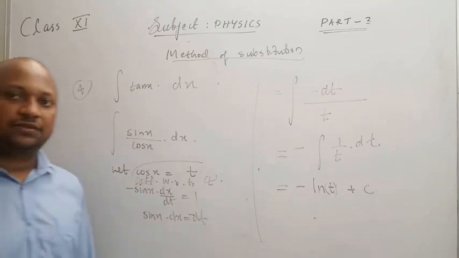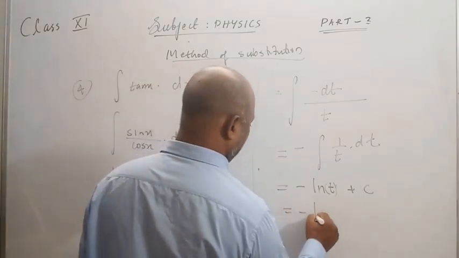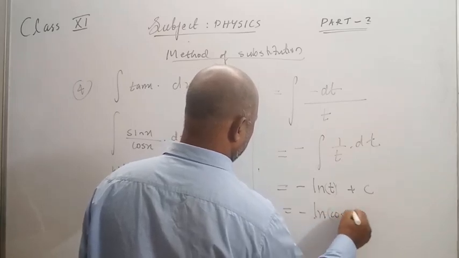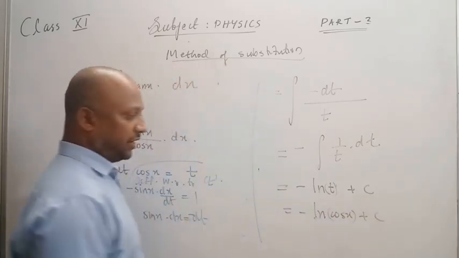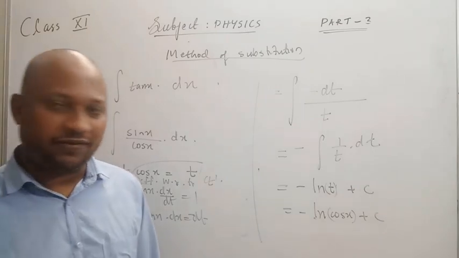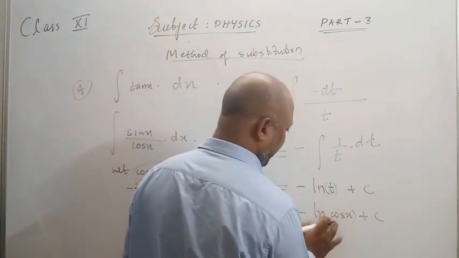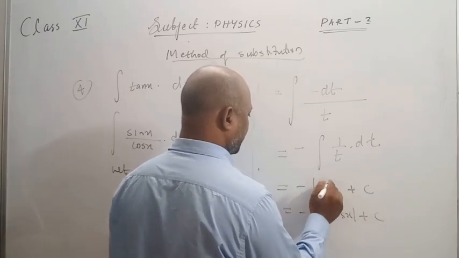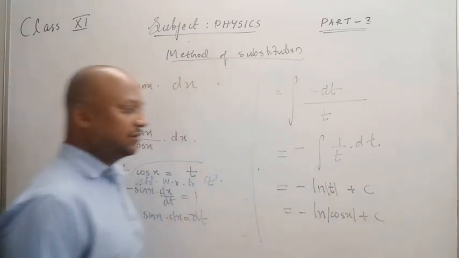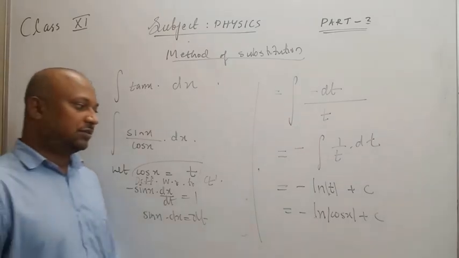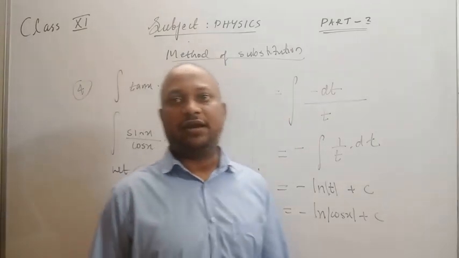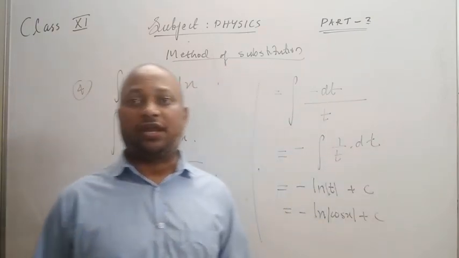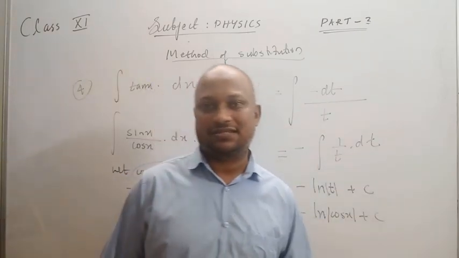Ln t plus constant, which is equal to minus ln cos x plus constant. And whatever is coming in the logarithm, you can write in modulus, because you have to use only the magnitude here, positive values. So ln cos x, and this minus will go there and it will become cos x to the power minus 1. So you can even write ln sec x.